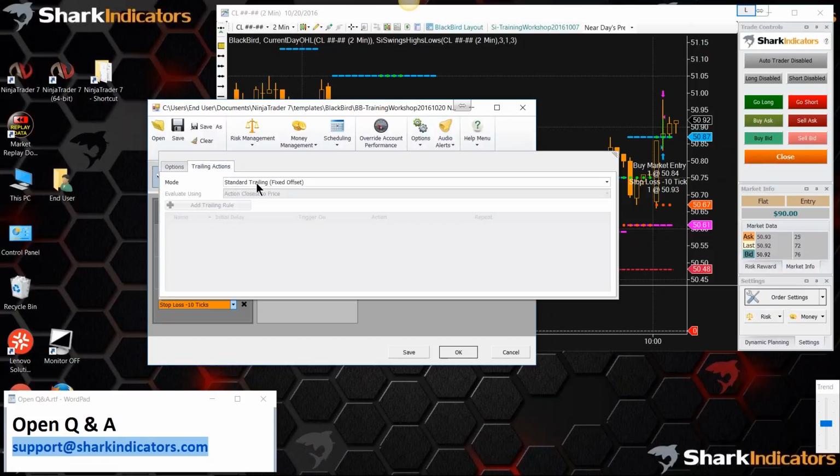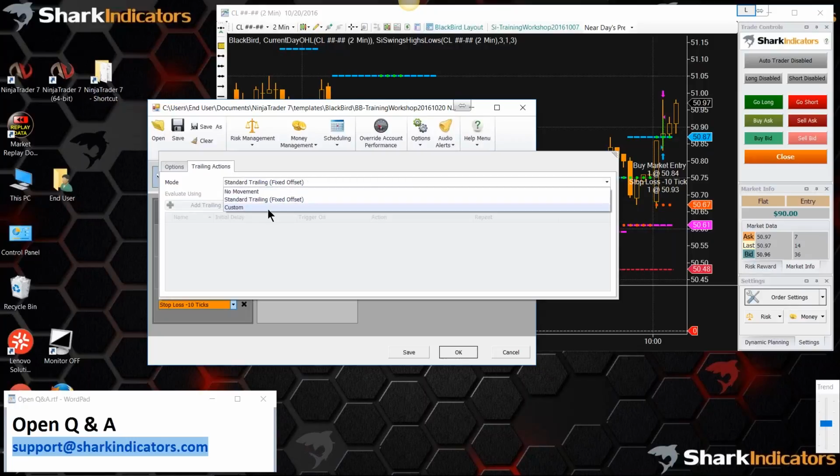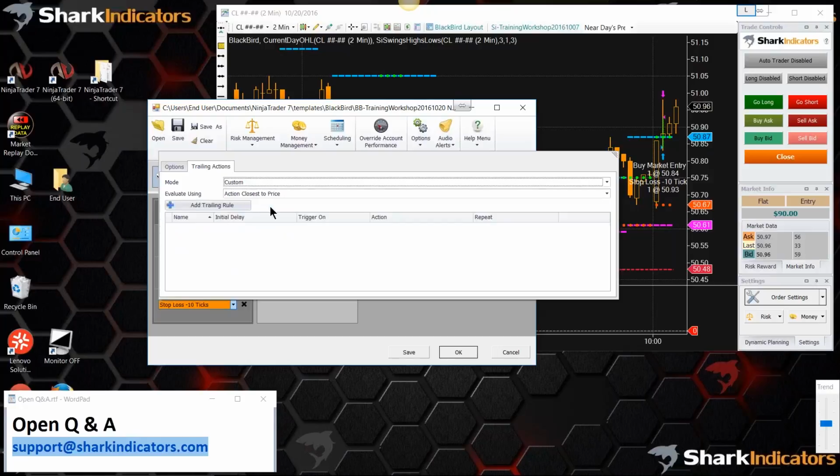So a standard trailing means, for every tick in profit that price moves in a profitable way, our stop loss is just going to trail the market price by 10 ticks, right? It's just going to be a simple 10 tick offset trailing stop loss. If you want to make something a little more sophisticated, then we can go into custom here. All right.